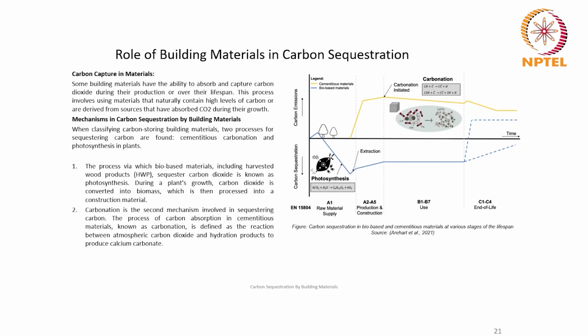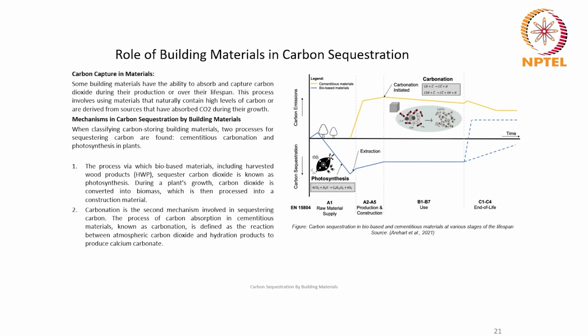When classifying carbon storing building materials, two processes for sequestering carbon are found: cementitious carbonation and photosynthesis in plants. The process through which bio-based material, including harvested wood products, sequester carbon dioxide is known as photosynthesis.